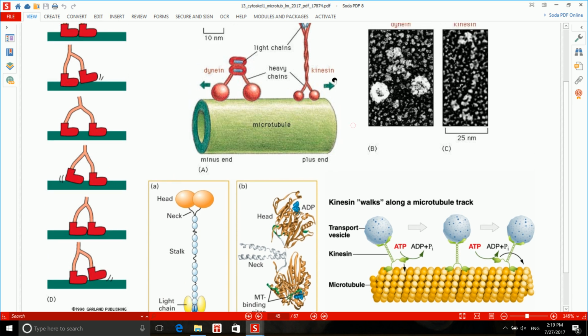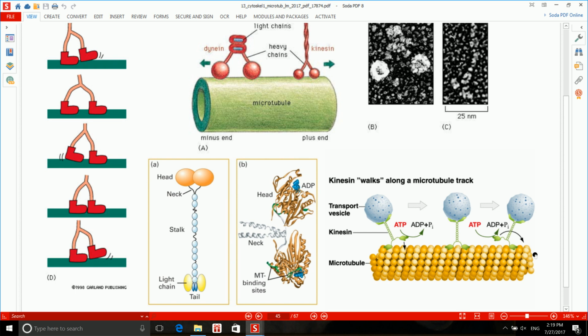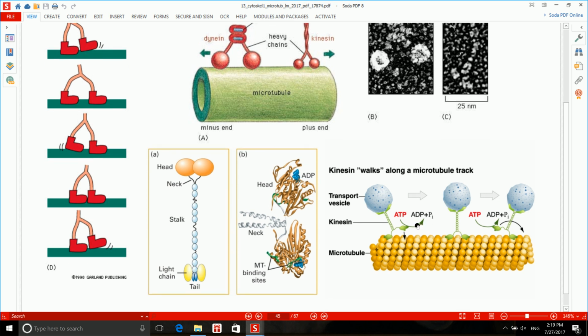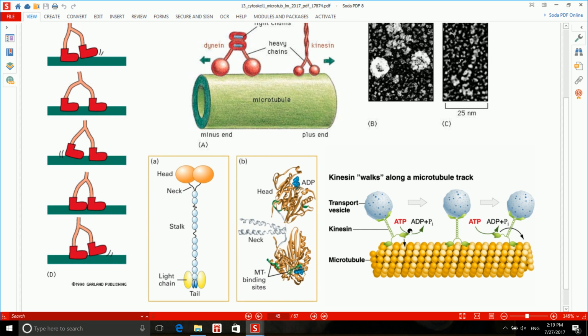So these proteins walk on these microtubules, and as the professor himself said, pay attention that these proteins are not running on the microtubules, they are walking on the microtubules, which means at any given moment you cannot have both of these legs detached from the microtubule.